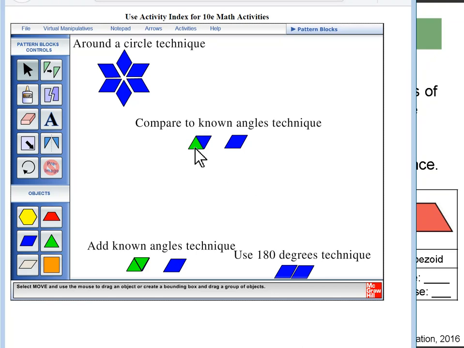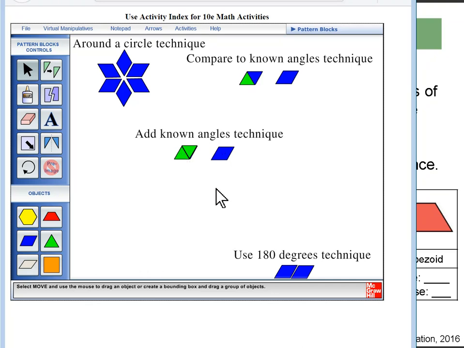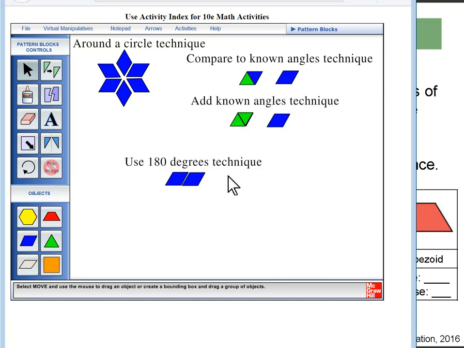You can put the green triangle on top of the blue parallelogram and see that the acute angle of the blue parallelogram is the same as the angles in the triangles. You can even apply this technique by adding two known angles to determine the obtuse angle in the blue parallelogram.